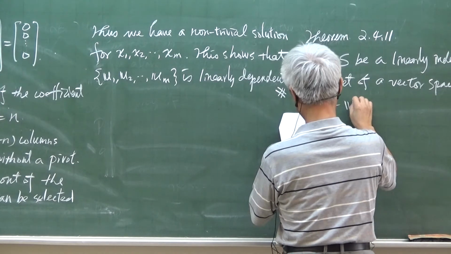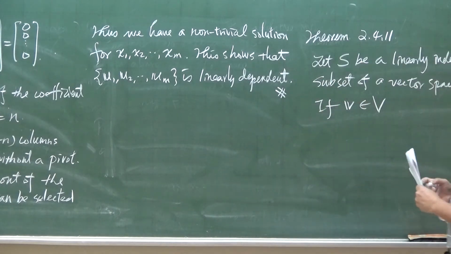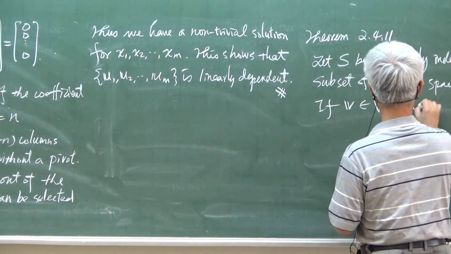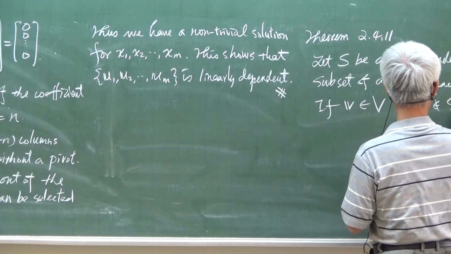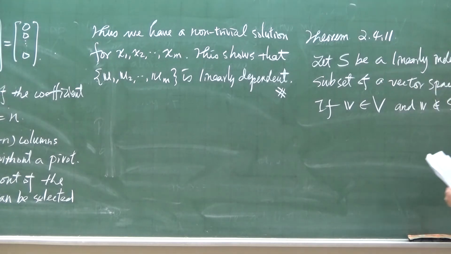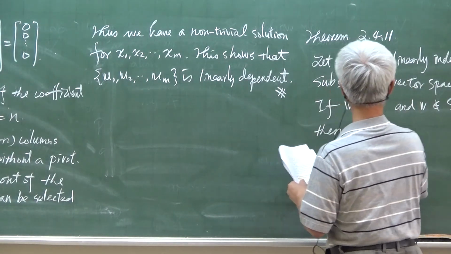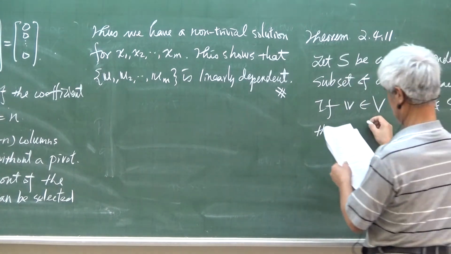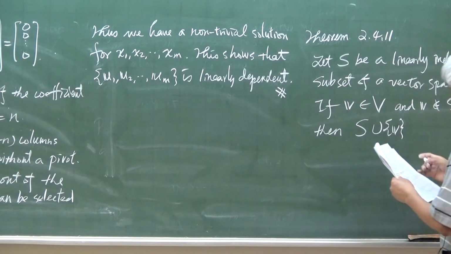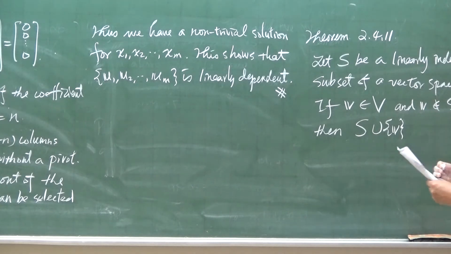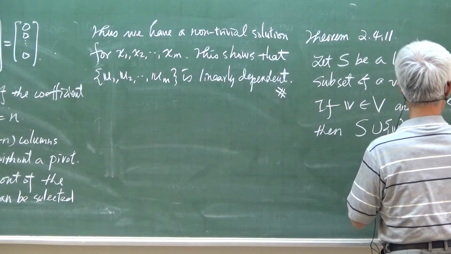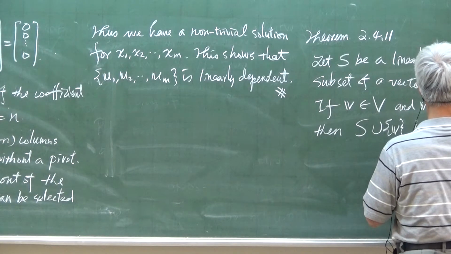If I find a vector v in the vector space V, and I find that v is not in the span of S, then I can join the v to S. So the union, joined together, this set is linearly independent too.